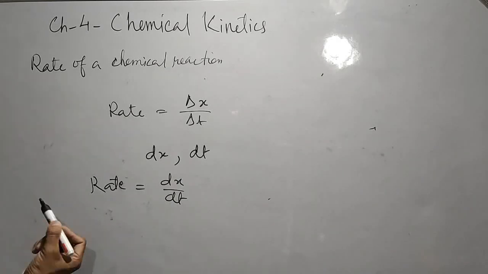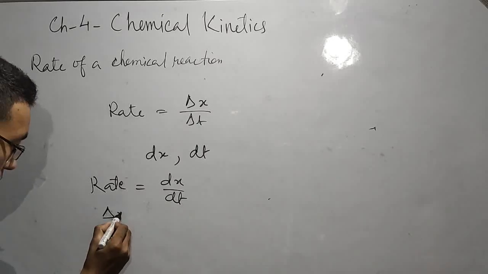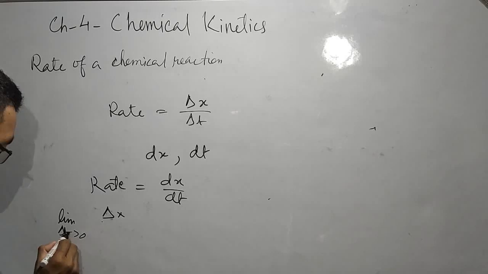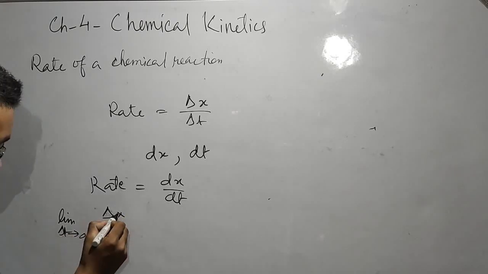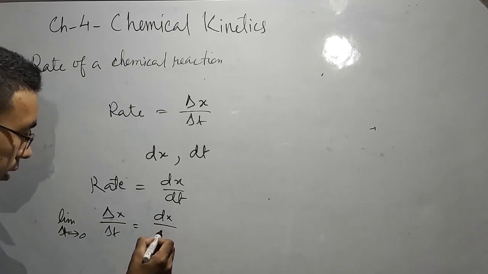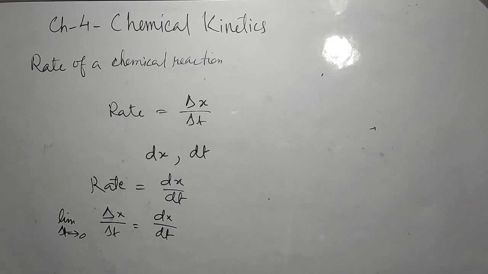Or we can also write like this: limit del t tends to 0, del x by del t will be equal to dx by dt.